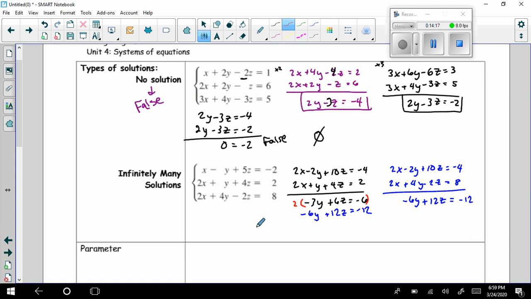Here we have -6y plus 12z equals -12. I promise I'm getting to the point here. -6y plus 12z equals -12. So you can see, hopefully, when you subtract those down, they are identical. And so you get 0 equals 0.